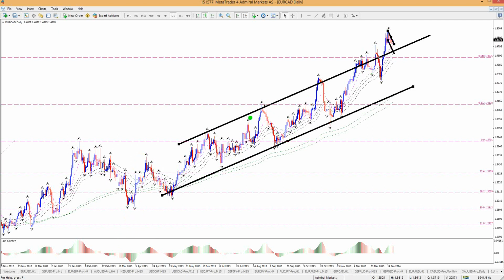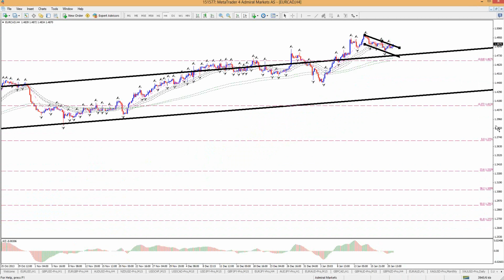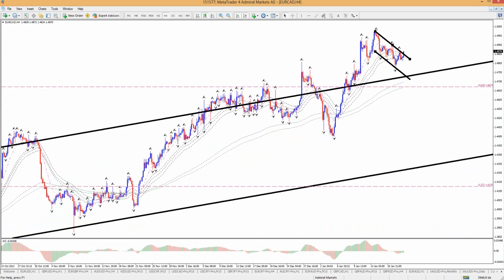So you can see the harmony of impulses and corrections to the upside, which makes this channel, and the stop at the targets, but continuation because of the chart patterns. So the next target on the EuroCAD could be 152.77, which means that if we're breaking out of this channel here, that could be the move to the upside.